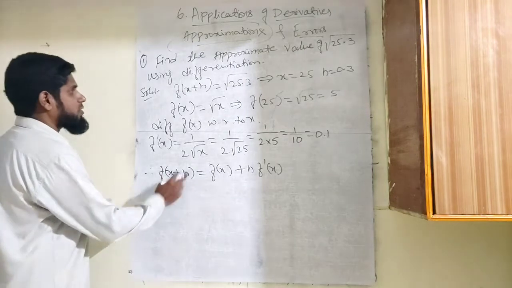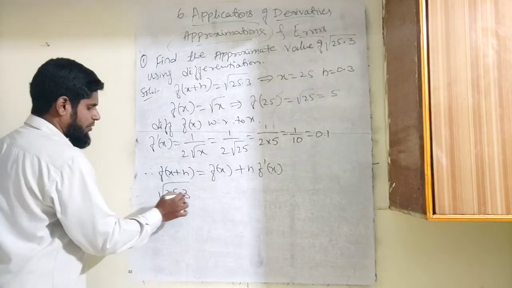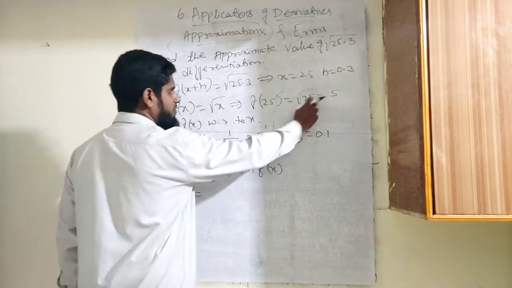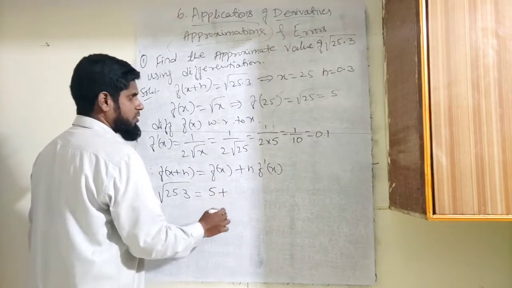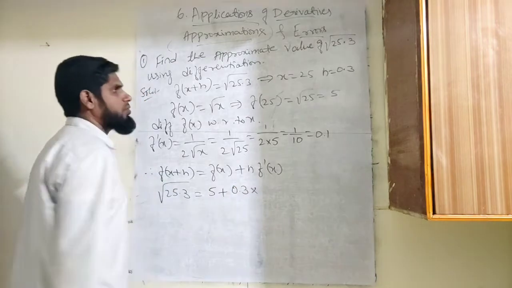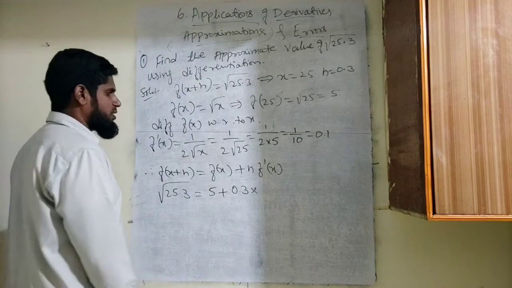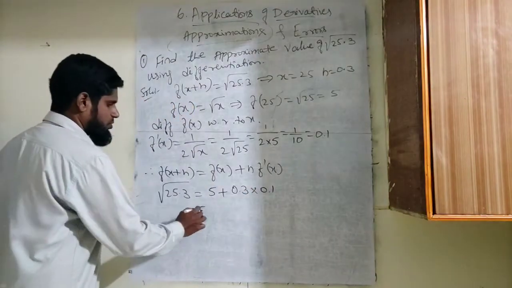So finally, f of x plus h, the square root of 25.3, is equal to my f of x at 25, which is 5, plus my h, 0.3, into f dash of x, which is 0.1.